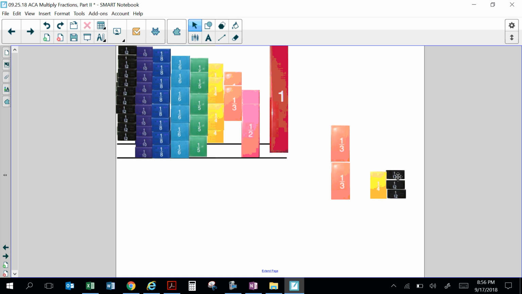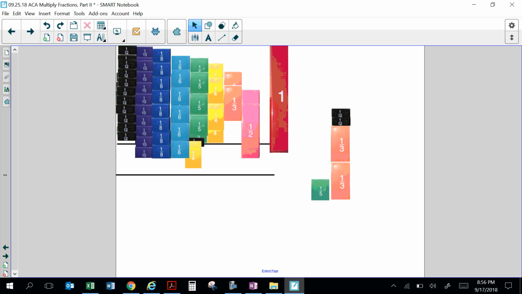So that means she ate 1/12. We take this away. So she ate 1/3, which is 2/3, and she ate 2/12. So let's combine this. What fraction is equivalent to this? Let's see if it's the fifths.